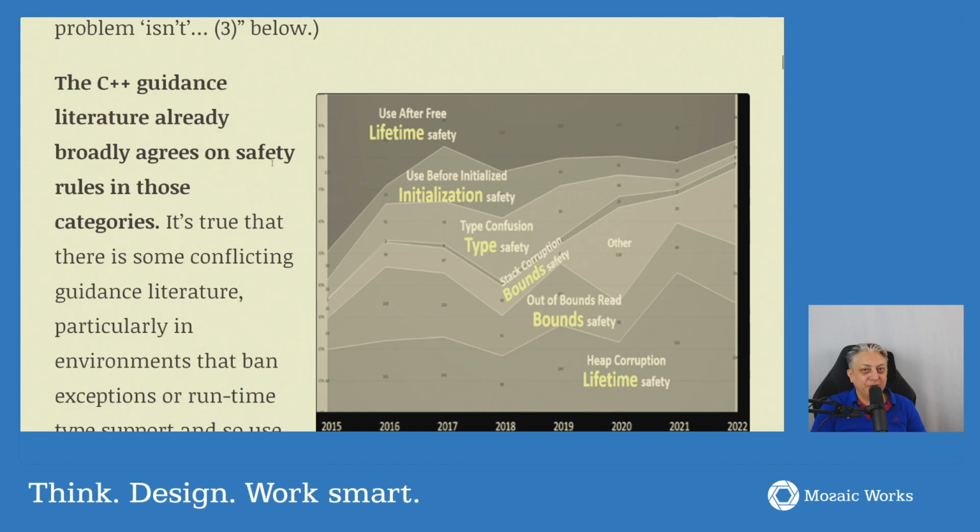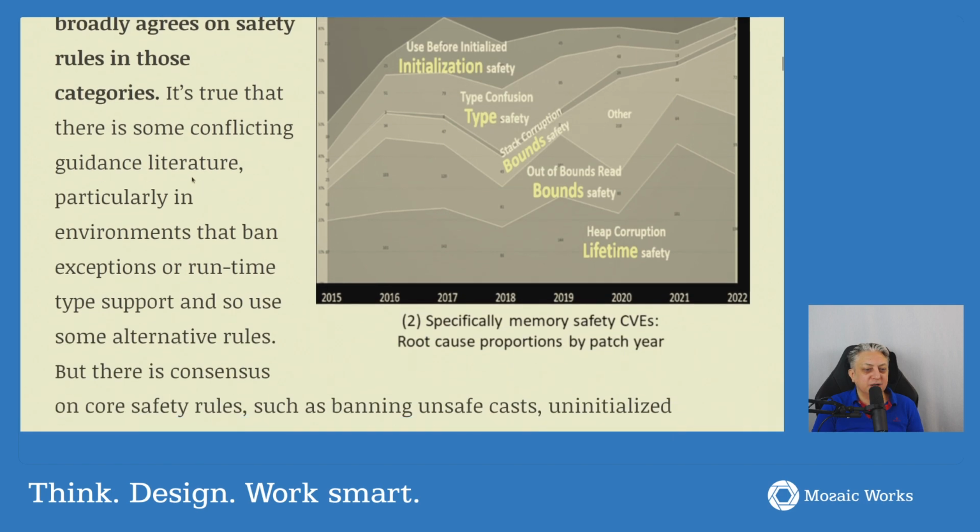And this problem is even enhanced in C++ by the huge amount of existing code that could have these issues. The C++ guidance literature already broadly agrees on safety rules in those categories.